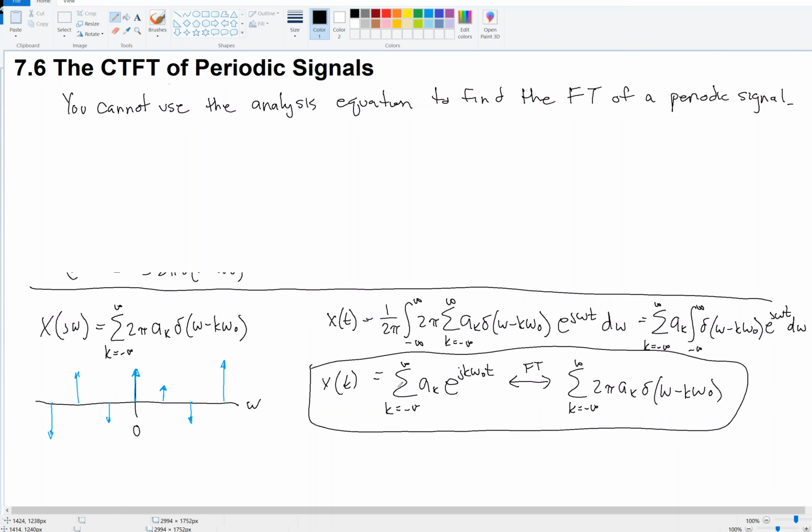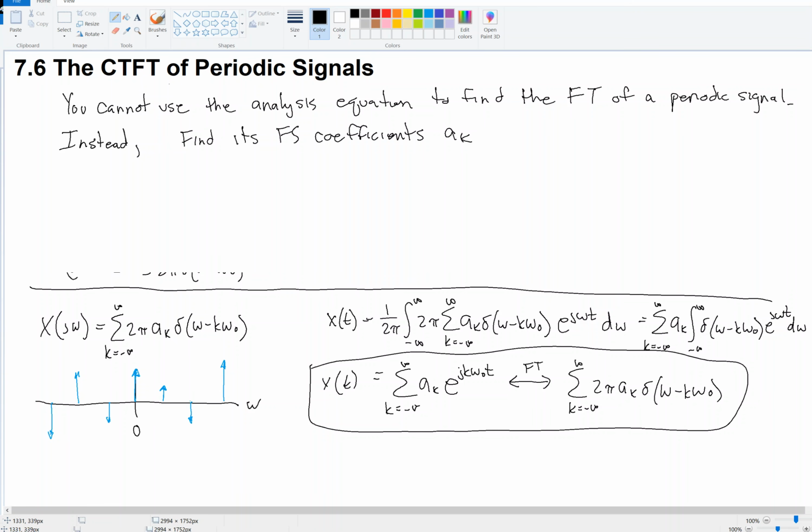Well, according to what we just found here in the box, for a periodic signal, you instead find its Fourier series coefficients, ak, right? We know how to do that. We did that many times.